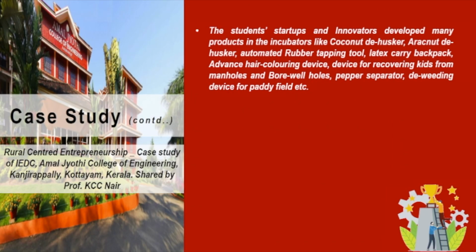The student startups and innovators developed many products in the incubators like coconut dehusker, arecanut dehusker, automated rubber tapping tool, latex carrying backpack, advanced hair culling device, device for recovering kids from manholes and borewell holes, pepper separator, de-weeding device for paddy fields, etc.